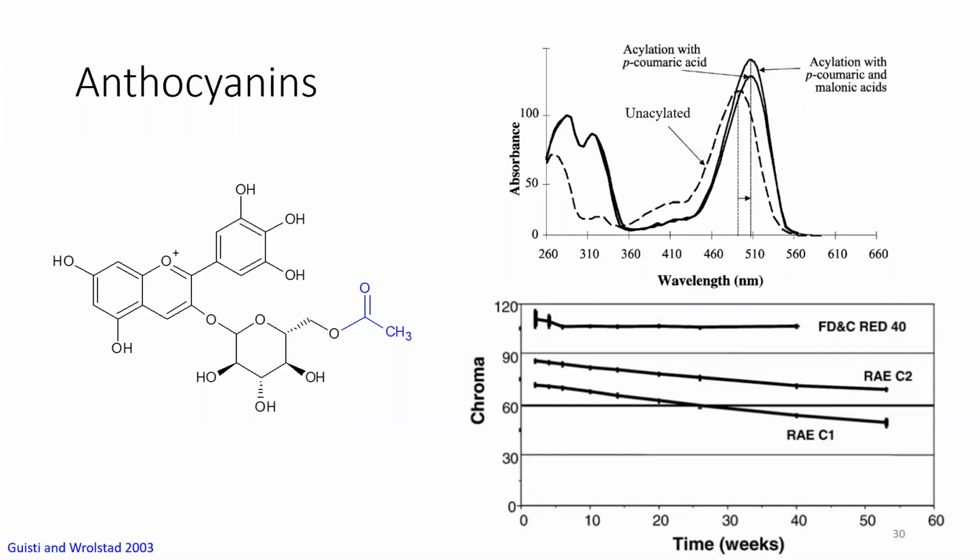So the examples that I gave, radishes and red potatoes, they would have a good source of these acylated colors. There's several others that aren't shown on this slide. Red cabbage does have them, purple carrots, purple corn, sweet potatoes that are purple.